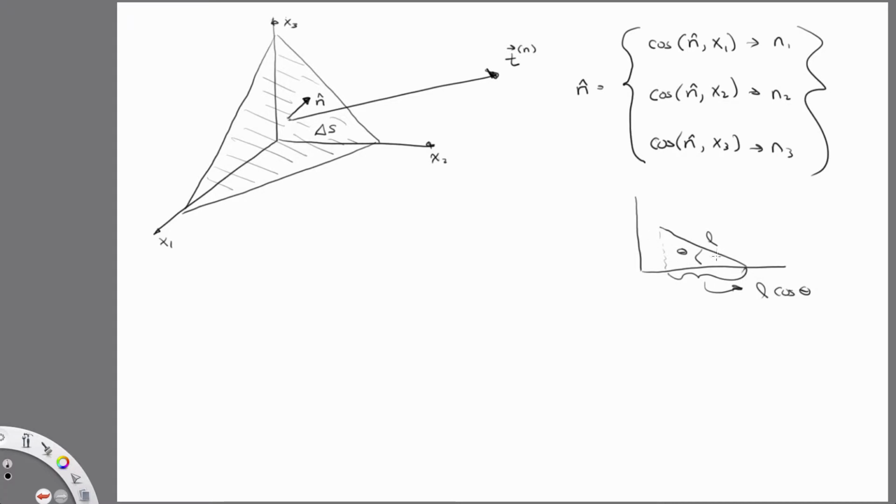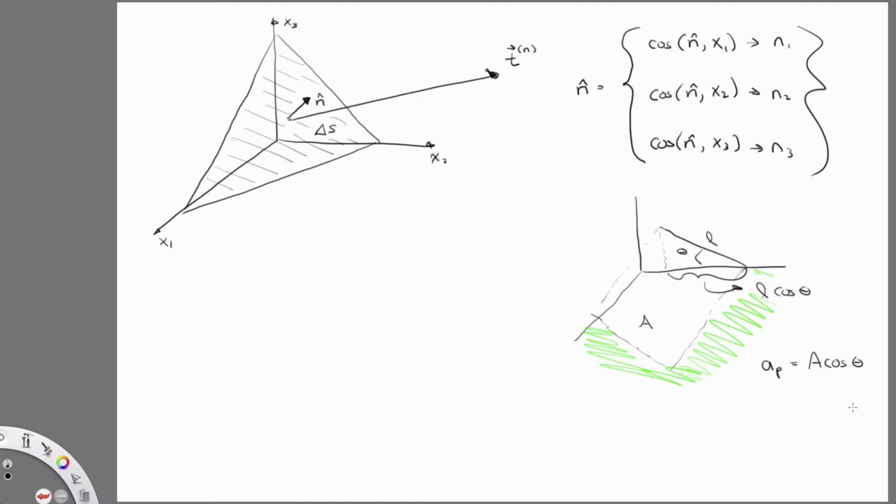If I add a third dimension here and project this out as a surface with surface area A, then the projection of that surface area down onto that plane is A cosine theta. So we're going to use that.